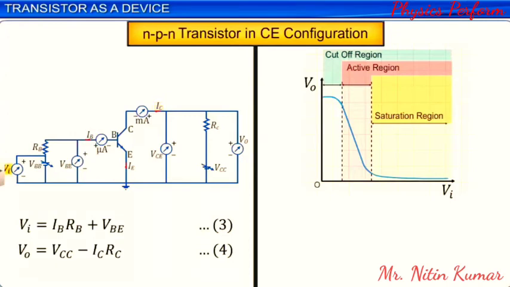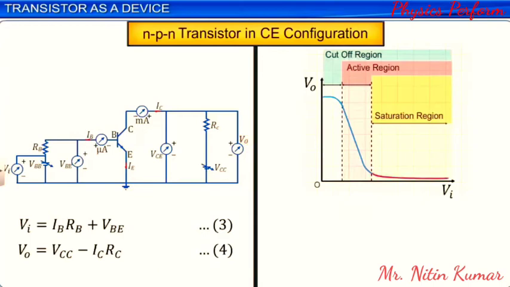The output voltage VO decreases linearly till its value becomes less than 1 volt. Beyond this, the transistor goes into the saturation state. That is, with further increase in input voltage VI, the output voltage further decreases toward 0 but never becomes 0. In the saturation state of the transistor, the collector current IC is maximum. Let us now discuss the transistor as a switch.